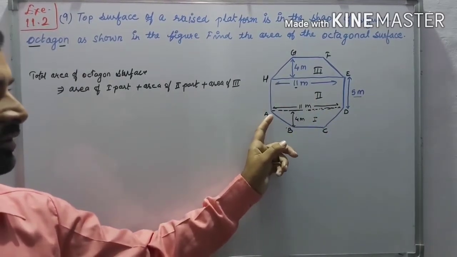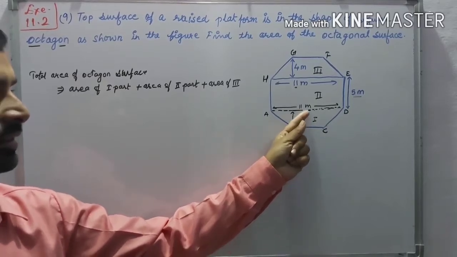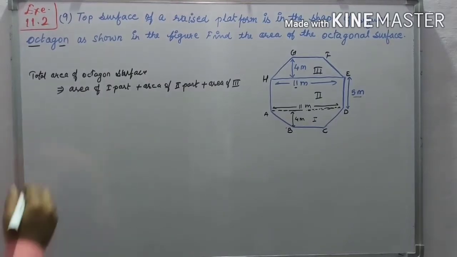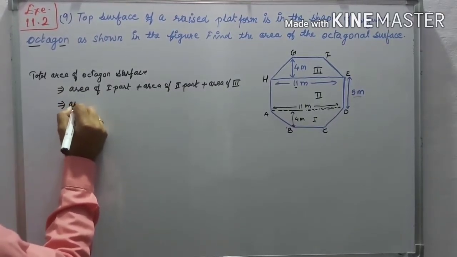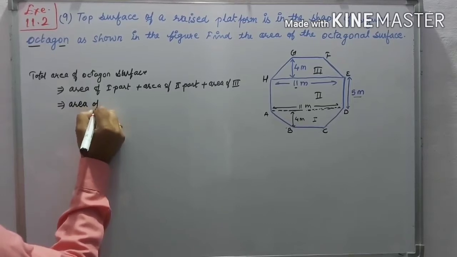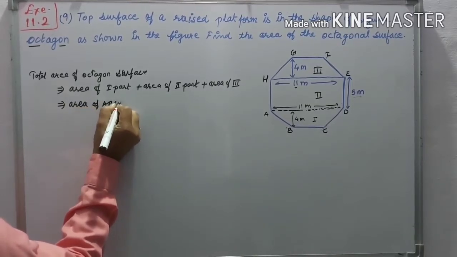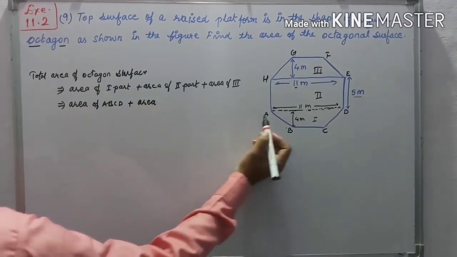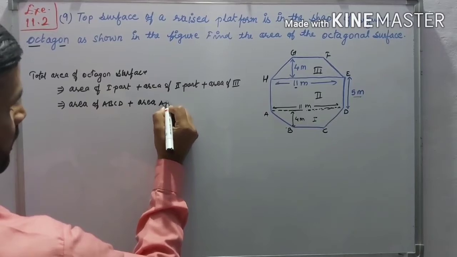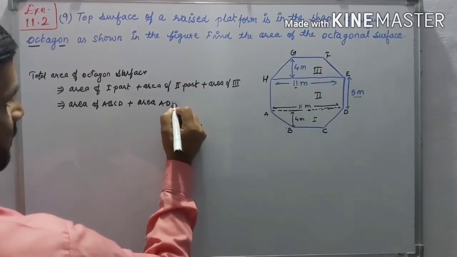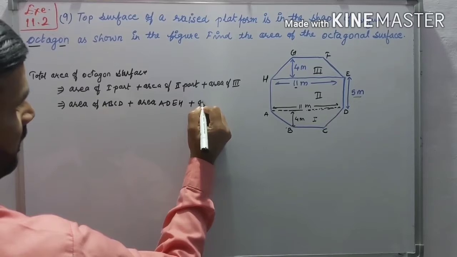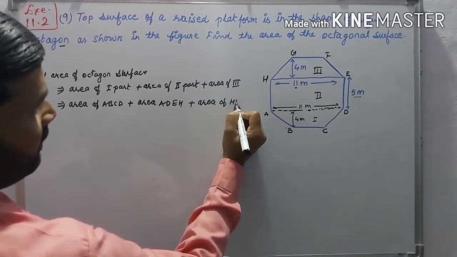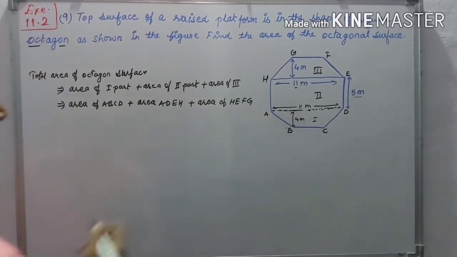And you see the first part has sides that are parallel, and this is the given distance, and ABCD is a trapezium. So you write the first part is area of ABCD, second is area of ADEH, and third will be area of HEFG.